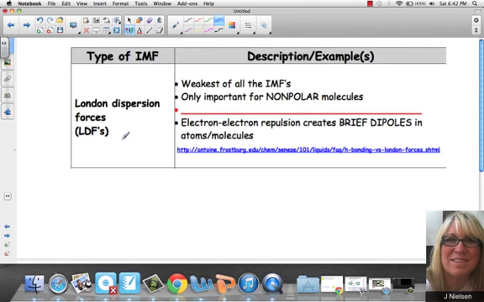Okay, let's look at the first type of intermolecular force, London dispersion forces, better known as LDFs. These are the weakest of the 3 that we're going to discuss, and they really are only important for non-polar molecules. The more electrons something has, the greater the LDFs.